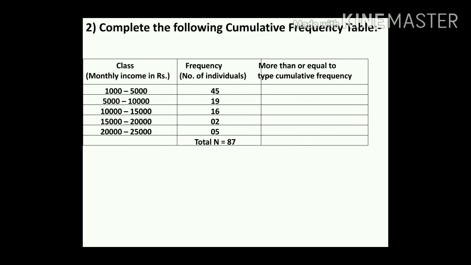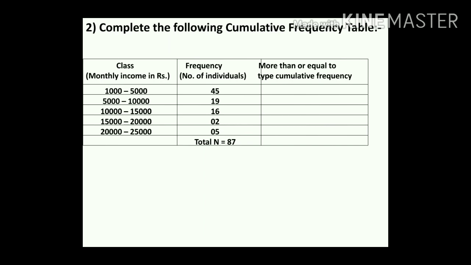Now, first column, it is given, children, monthly income in rupees. 1000 to 5000, 5000 to 10,000, 10 to 15, 15 to 20,000, 20 to 25,000. These are the groups, children. Now, frequency, number of individuals: 45, 19, 16, 2, 5, and the total of frequency 87.